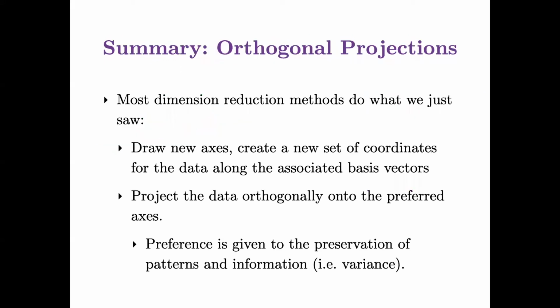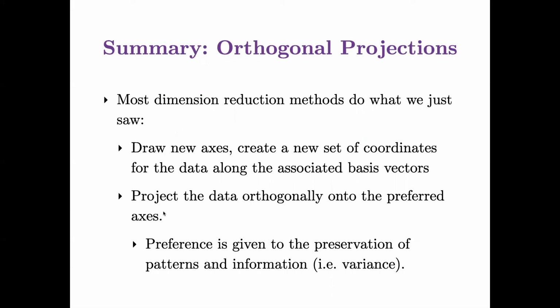In summary, most dimension reduction methods do what we just saw. They draw a new set of axes, create a new set of coordinates for the data along those associated basis vectors. This would be the picture where we rotated those new axes to be parallel to the horizon.